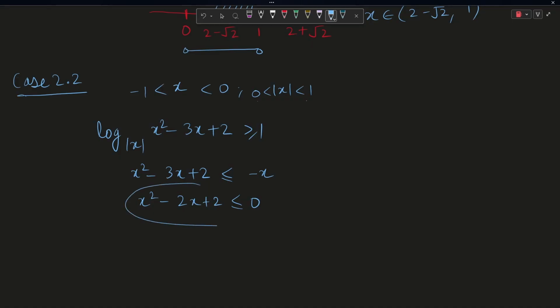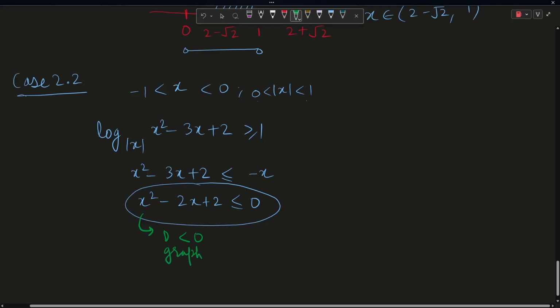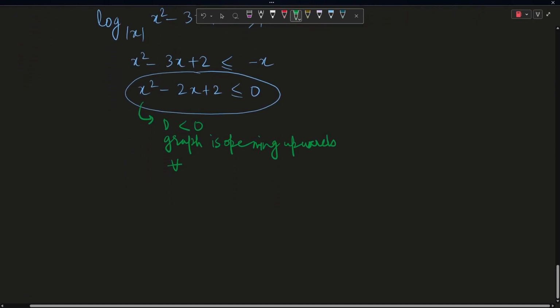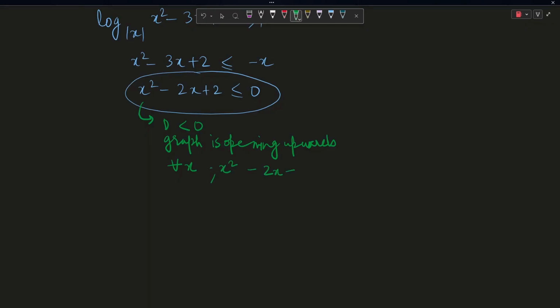Now, if you observe this correctly, then you can see that the discriminant of this is less than 0. And if discriminant is less than 0, the graph is opening upwards, and for all values of x, x square minus 2x plus 2 will be greater than 0.